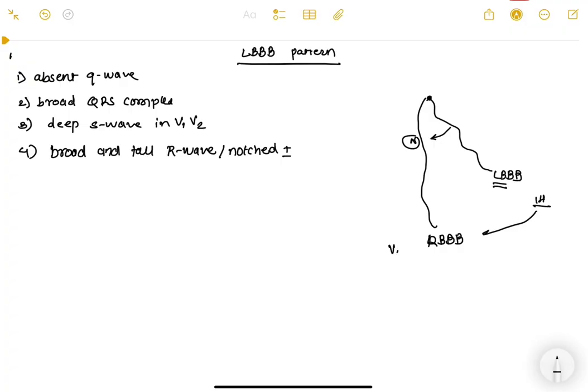So this one is V1, this one is V6, the orientation of the ECG leads. Now in left bundle branch block, there is a blockage at this side, so the normal conduction of passing depolarization from the left bundle branch to the right bundle branch is not happening. So here the RBB depolarizes first.